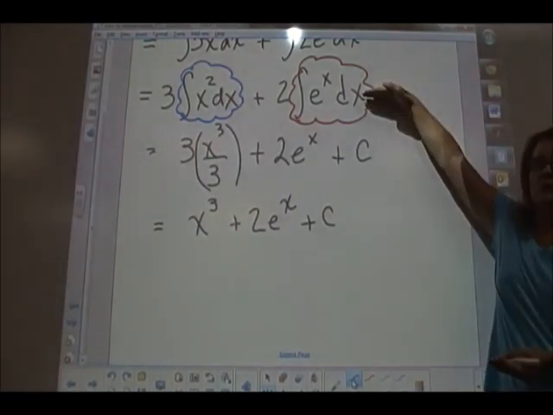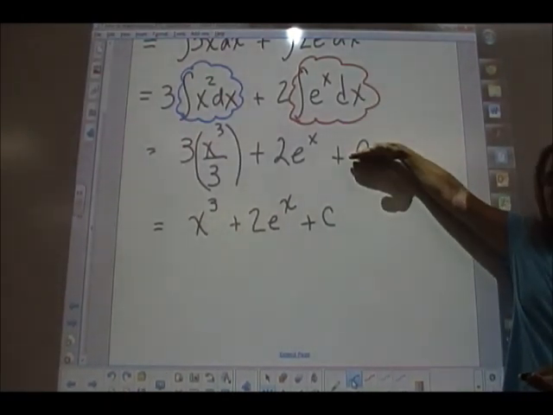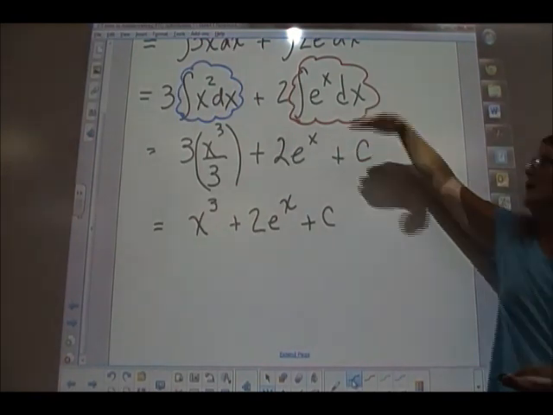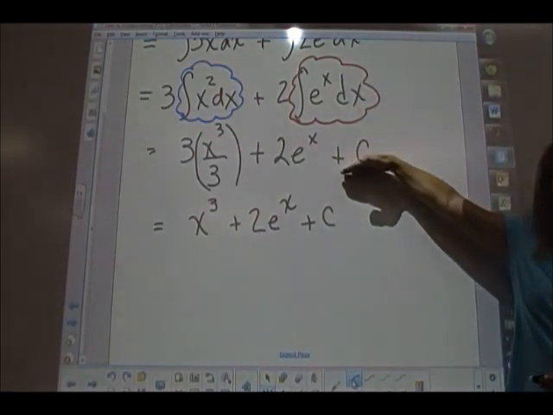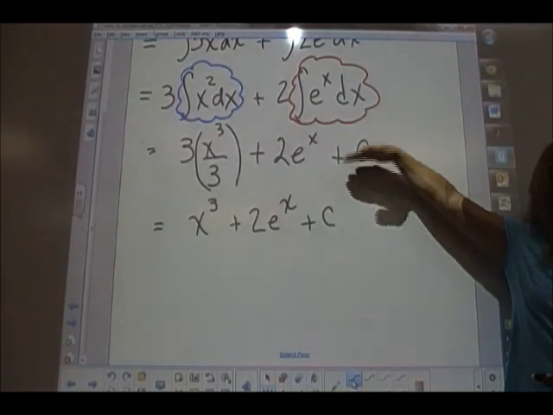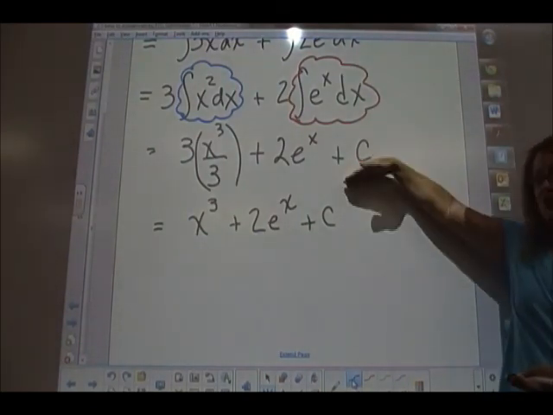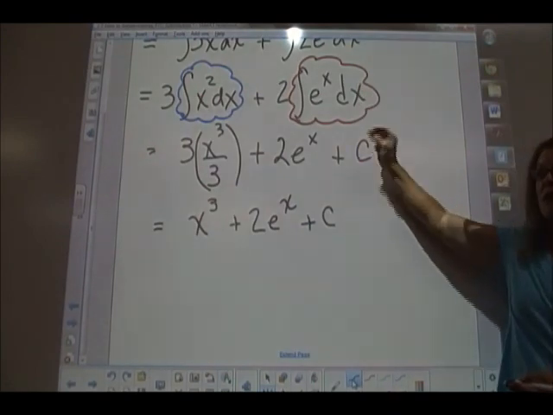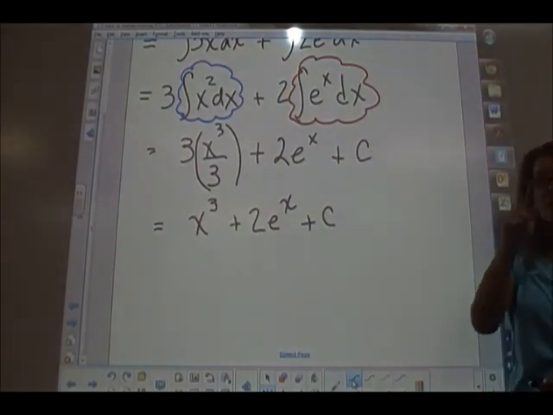From here to here, the integral symbol was dropped. From here to here, I used the sheet, didn't I? When you use it, and you refer to it, and you use the formula, the integral symbol's gone. But not until then.